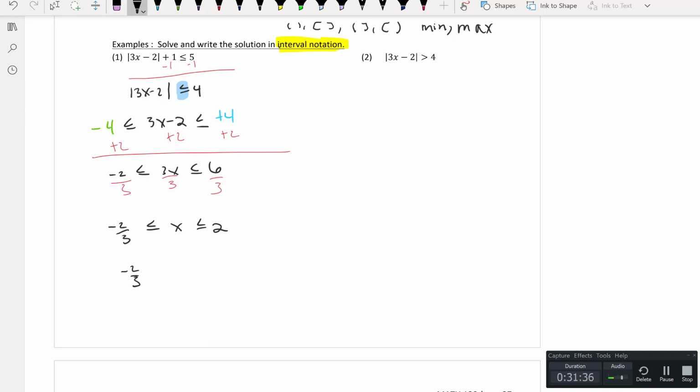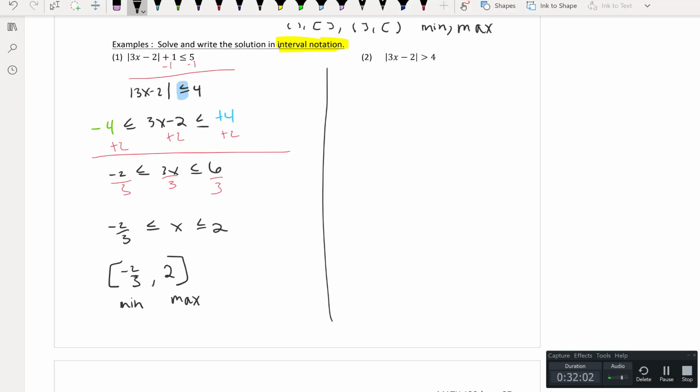And I have an inequality that says less than or equal to, so I'm going to have a bracket. And so that is my smallest or my minimum value. My biggest or my maximum value, it looks like it's at 2. It's x is less than or equal to 2, so that's going to give me a bracket. So that is going to be my answer for number 1.